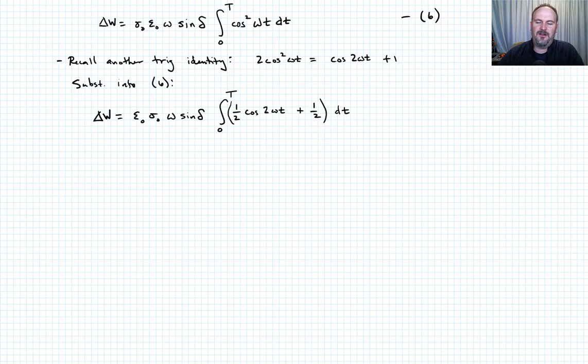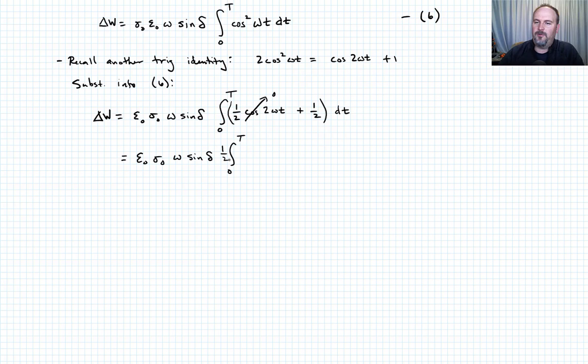So I'm now integrating the cosine. Now, since I've added a 2 in there, I've increased the frequency, so I'm now going from 0 to t over 2 periods of this quantity, but whether I integrate the cosine over 1 period or 2 periods, if I integrate it over some integer number of periods, that term goes to 0. So this goes to 0, and I'm left with the following: epsilon naught sigma naught omega sine delta now times the integral from 0 to t.